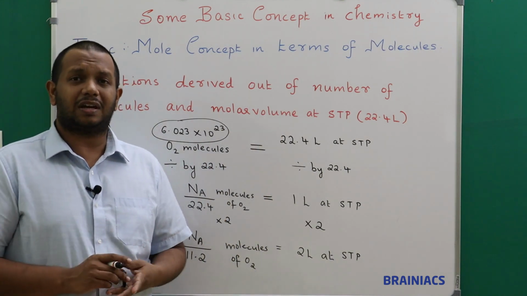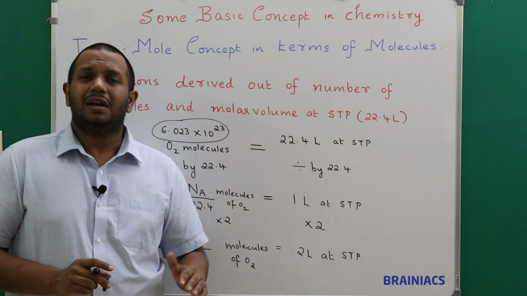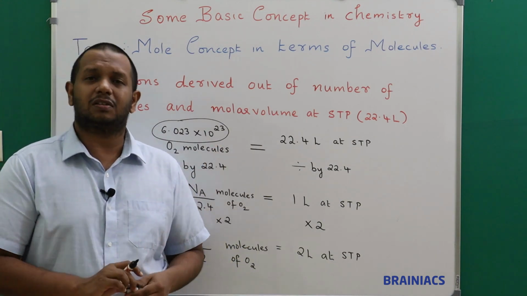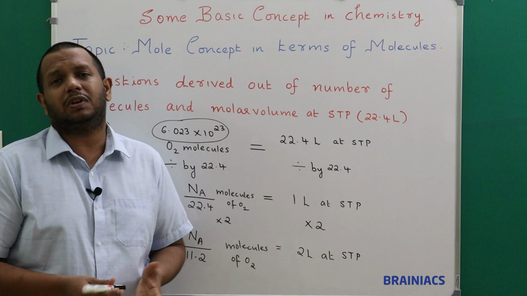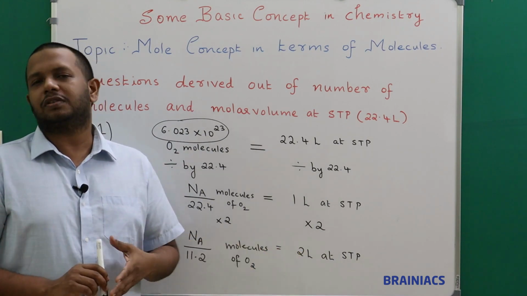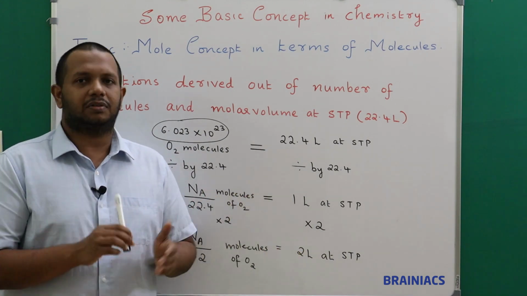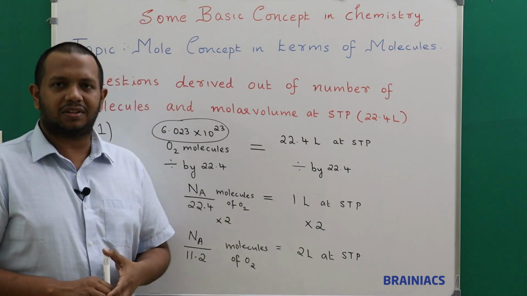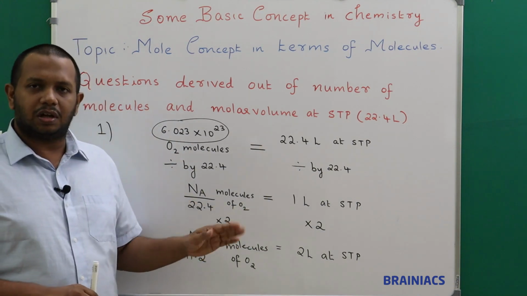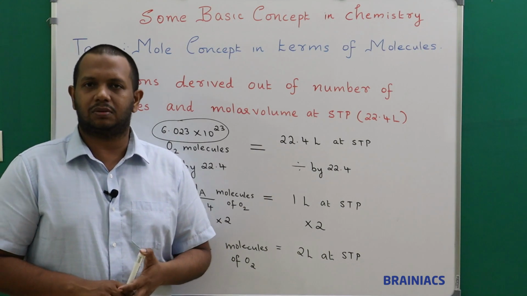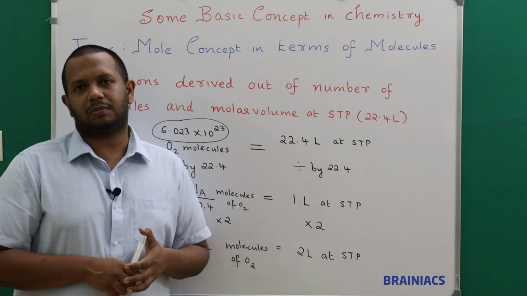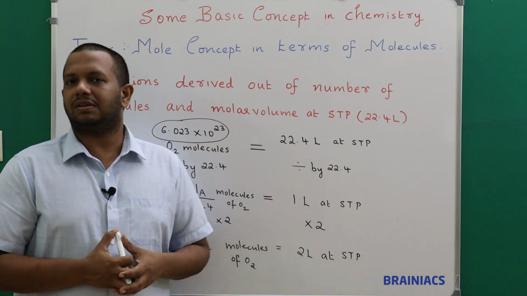So what I will do is approximate 11.2 to 10 and cut it, and say approximately 6.023 into 10 power 22 will be the answer. I'll look into the options and find it out. This is for entrance exams. But for your school exams, you substitute here, do the actual calculation and find it out, because you can't approximate there, because they give marks stepwise.